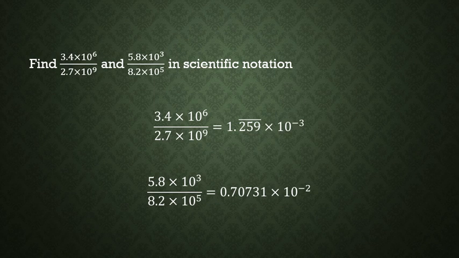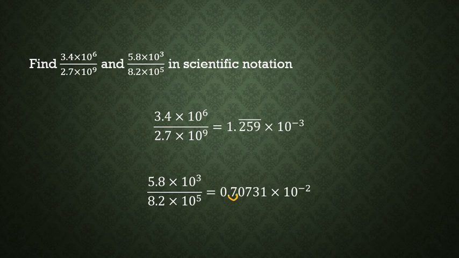But this is not good in scientific notation, because the number that we have to the left of our decimal point is a 0. We can't have that. So I need to take this decimal point and move it one spot to the right.